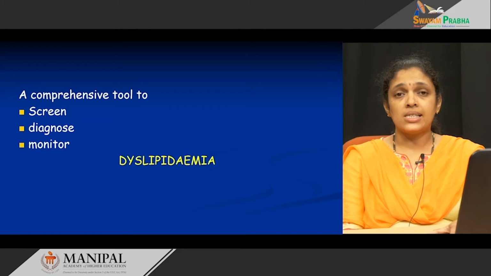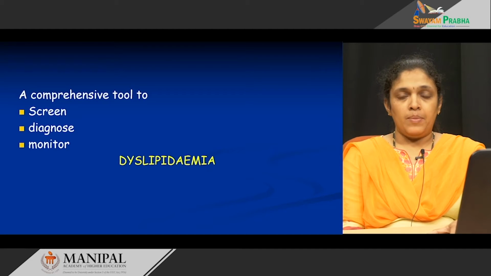Now, what are these dyslipidemias? Dys can be hyper or hypo. Lipid is understood to be a fat or any other substance belonging to the category of lipids. So dyslipid is either an excess or a decrease in the levels of lipids in the blood. Emia stands for blood.